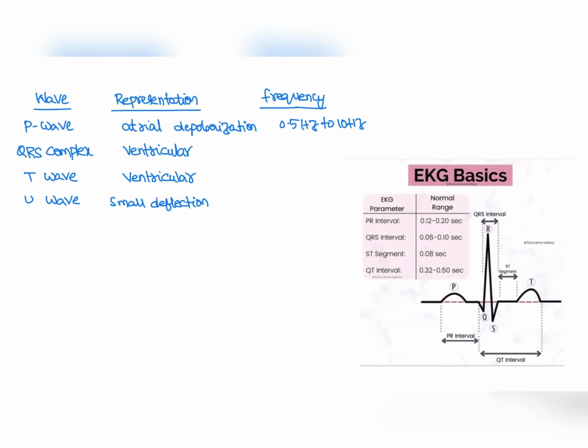The QRS complex is related to ventricular depolarization, and the frequency range is from 10 hertz to 40 hertz. The T wave is related to ventricular repolarization, and the U wave is related to small deflection repolarization. So the T wave and U wave are related to repolarizations.